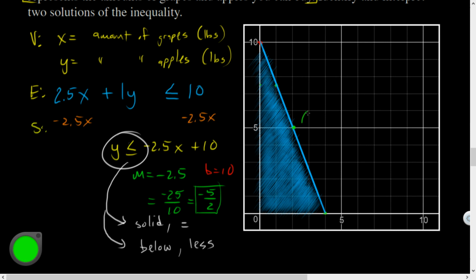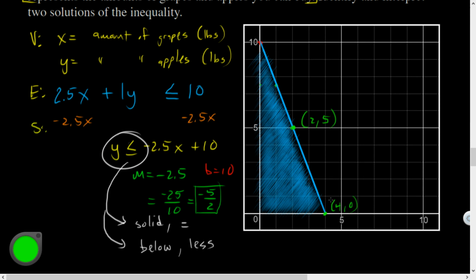I could buy 2 and 5. Is a point on this line a solution? What do you guys think? Is 2, 5 a solution? Yes, because of the equal part, right? So that means I could buy 2 pounds of grapes and 5 pounds of apples. Is 4, 0 a solution?